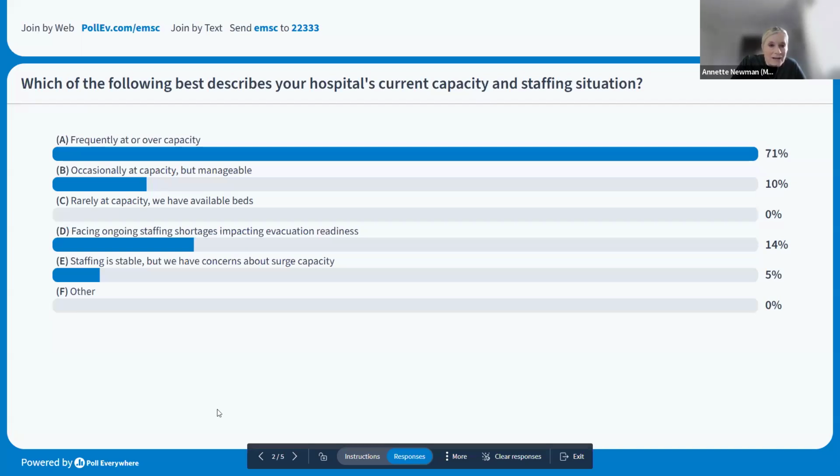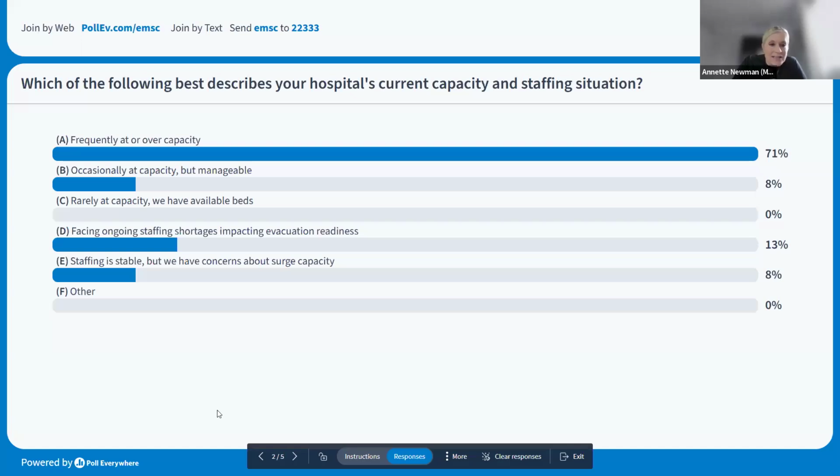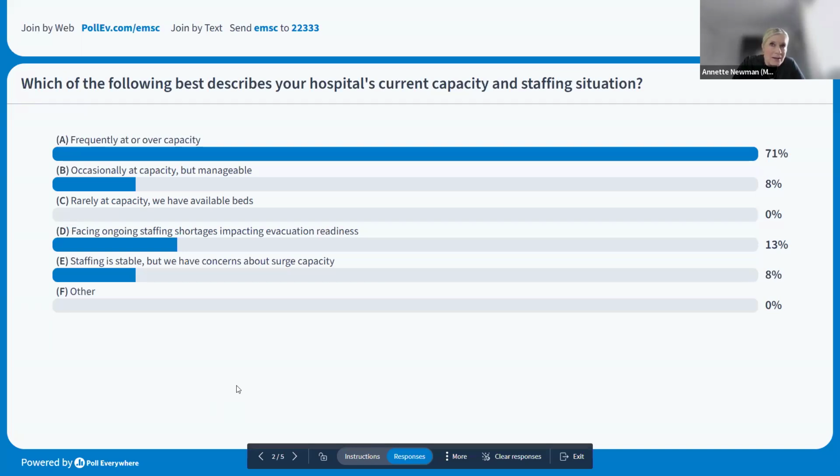For those that have ongoing staffing shortages, if you can put in the chat if there's any specific role or area that seems to be the biggest pain point, that would be awesome. And then for those that indicated that staffing is stable, but you have concerns about surge capacity, if you could put in the chat what your biggest worries are about surge capacity.